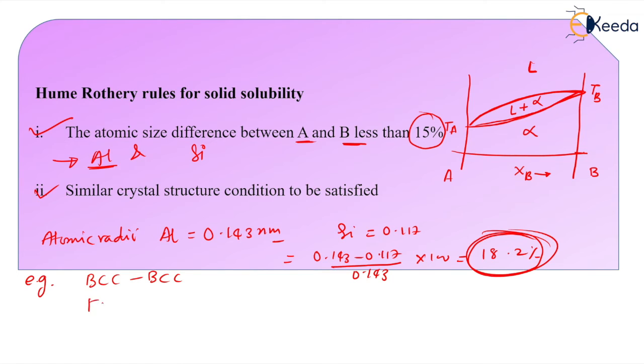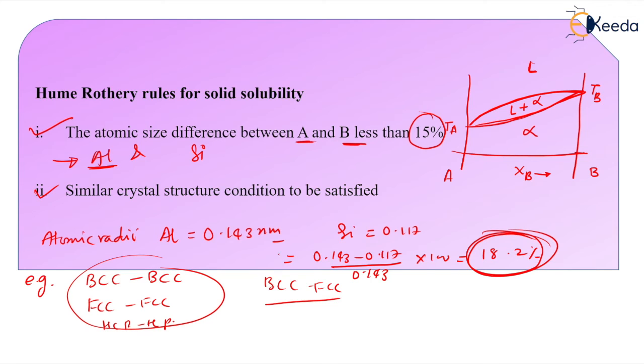I can have FCC to FCC. I can have HCP to HCP. These are all simple cubic structures. I can have BCC to FCC. There should be the same crystal structure for these two elements.